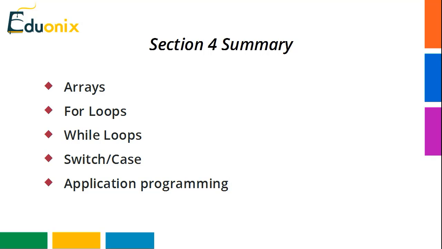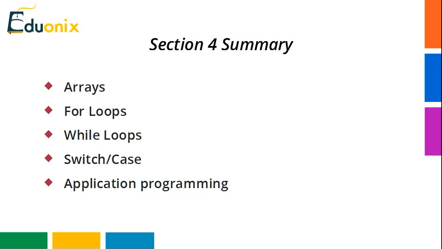I talked about the switch case statement, and I told you that this was similar to an if statement with a double equals operator. The difference between the two is that switch case allows you to test a variable for multiple different conditions and execute different code in each case, whereas the if statement will only allow you to execute one set of code for a particular condition.